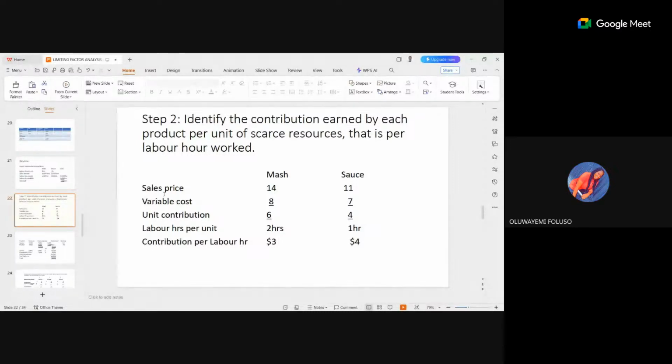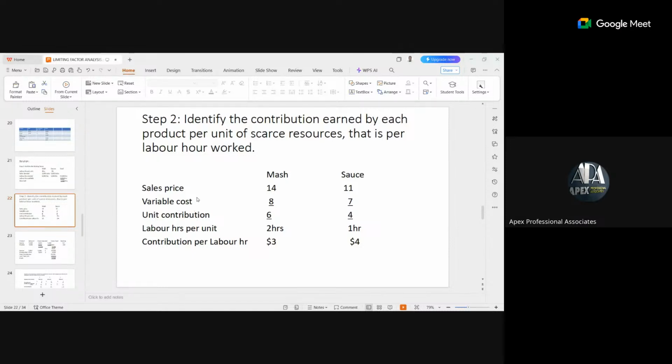Yes, so for the labor hours per unit, you divide the 6 naira. You know your direct labor is $3 per hour, so you divide the 6 that you have there by 3. That's how you get your 2 hours. So you divide your unit contribution by 2 hours, and you get the contribution per labor hour.